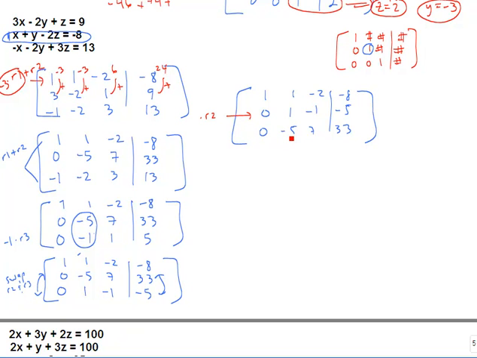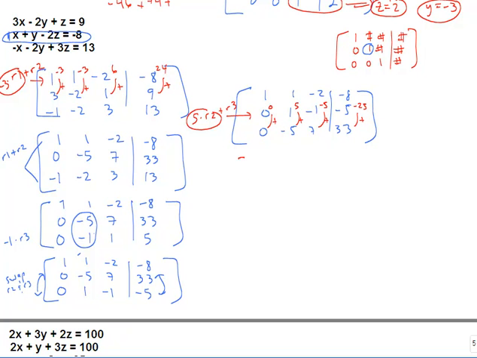So I'm going to need to multiply by positive 5 and add that to row 3. So let's multiply first. 0 times 5 stays 0, 1 times 5 is 5, negative 1 times 5 is negative 5, and negative 5 times 5 is negative 25. And we're going to add that to row 3.